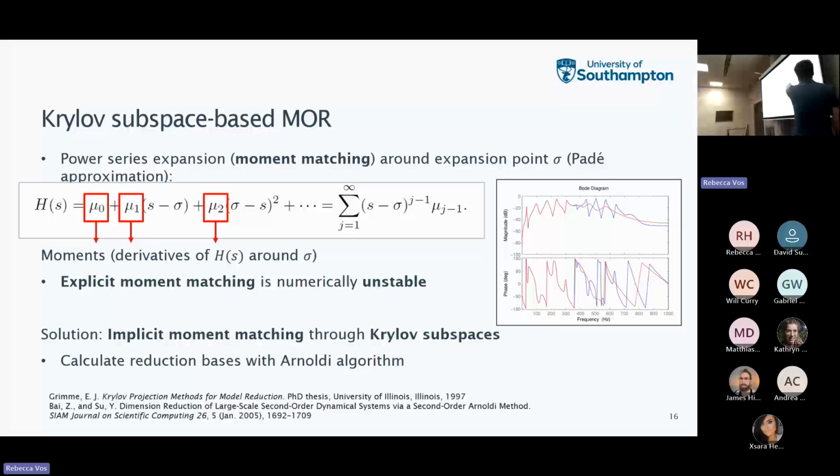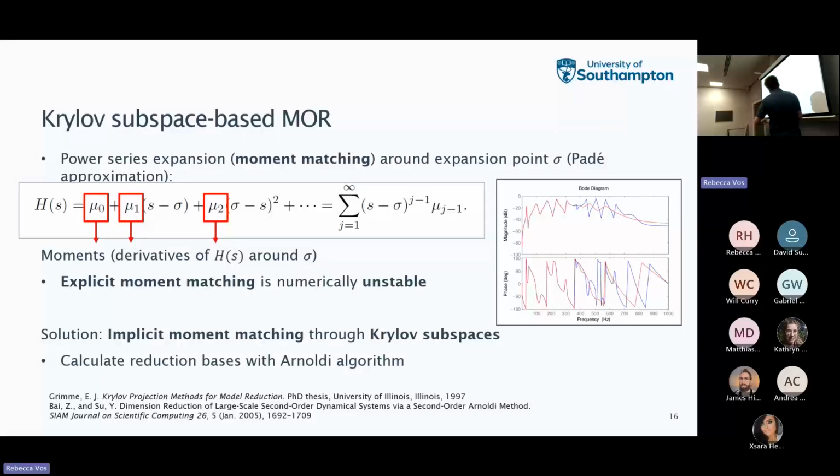You see here this red curve fits the frequency response function very well from 0 to, let's say, 300-something hertz. After that, as you can see, it stops behaving well. So that's where it might be beneficial to add more moments into your expansion to get a wider fit, basically. This is the idea of Krylov subspace reduced order modeling: that we find a way to do this power series expansion mathematically.